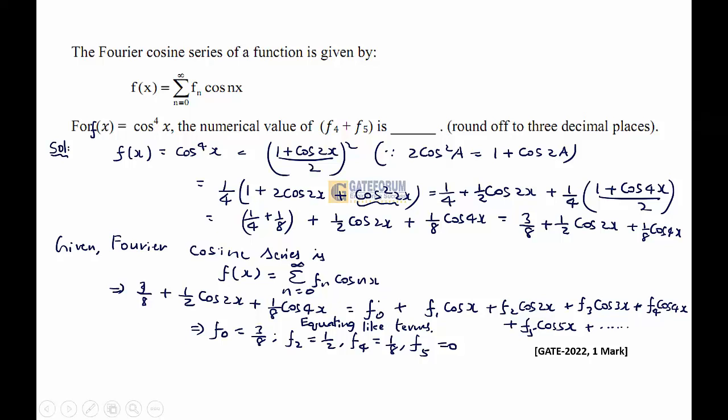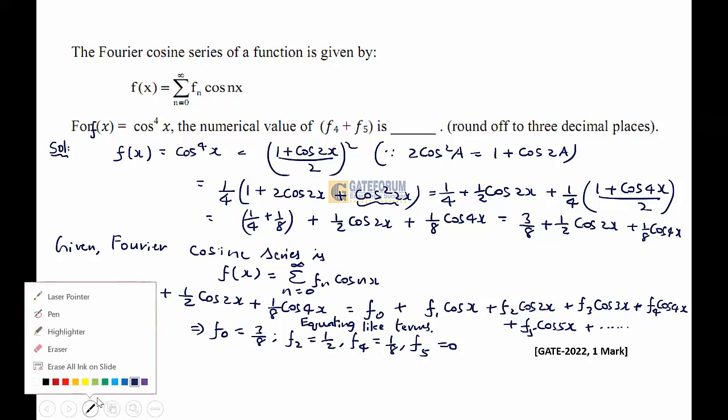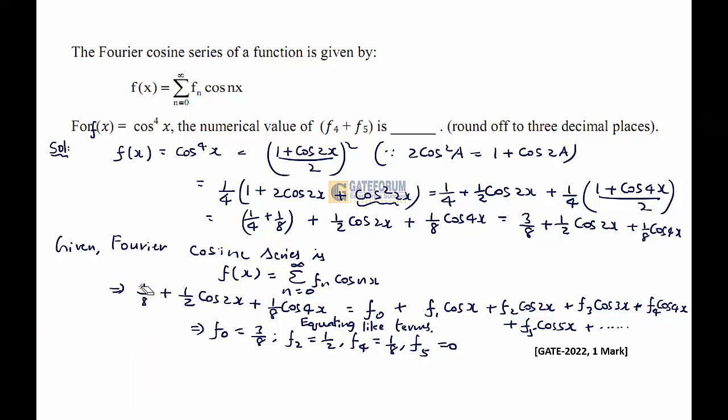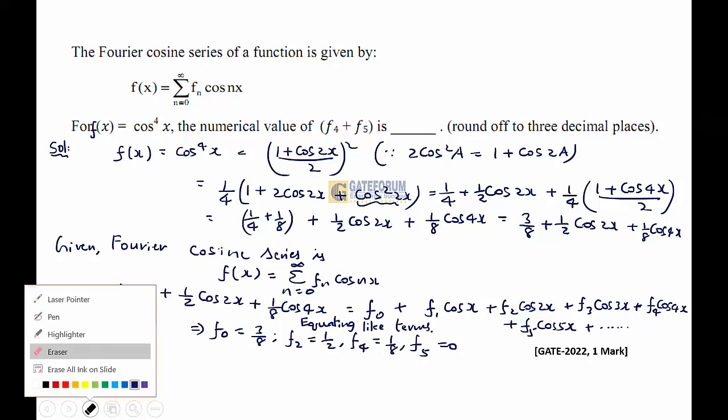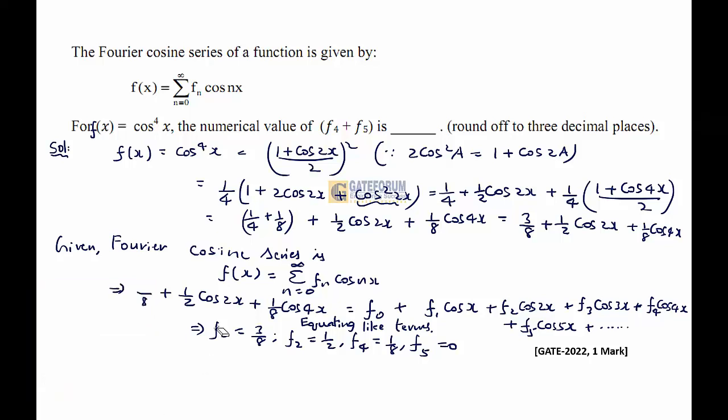Here it is not required to write all these f0 and f2 also, because the question relates only to f4 and f5.